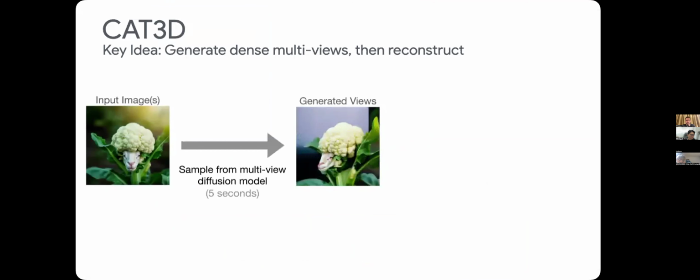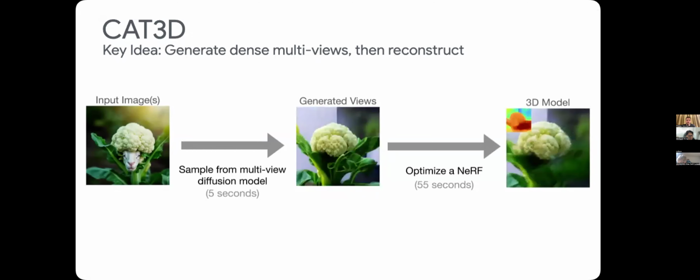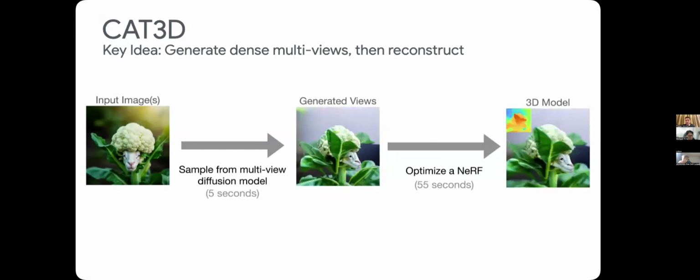And while the samples that we generate are not entirely 3D consistent, they're consistent enough that the NeRF reconstruction pipeline is able to consolidate them into a consistent 3D output. And end-to-end, our method is able to produce full 3D scenes in as little as 1 minute from any number of inputs, like 3 images or even just a single image.